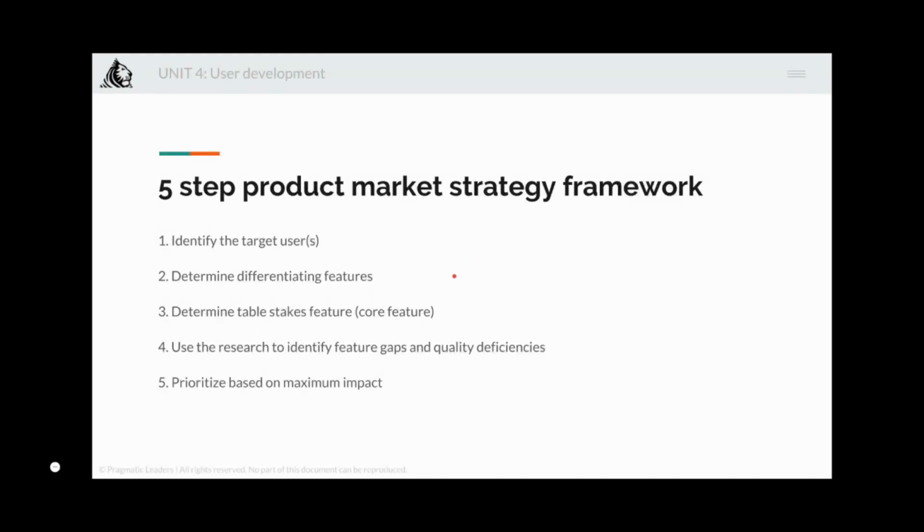Let's say Shazam for shoes. Okay. Shazam for shoes. So if you find good shoes, you just click the picture, and the app quickly tells you which brand this product is from, where you can buy it, and so on. Let's say that is the product.